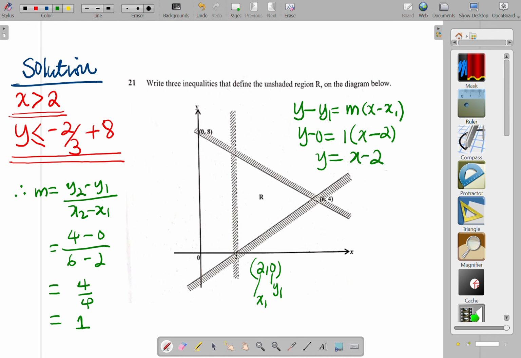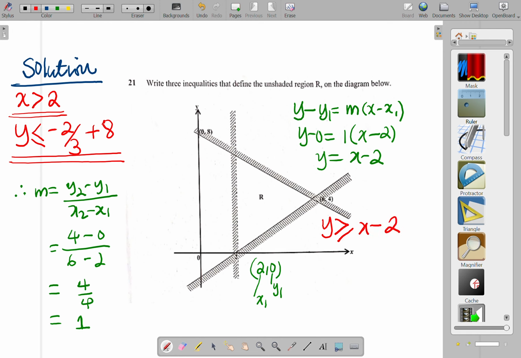Now take note which side of the line is the clear region. This side of the line. Take note, the clear region is on the upper side of this line. What is the meaning? That simply means our required solution is going to be y is greater or equal to x minus 2, like that.